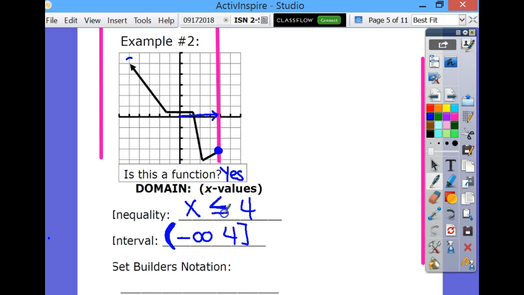And this has a square bracket over here at 4, and so this is less than or equal to. And in set builder notation, this is x, such that x is less than or equal to 4. This is the same as this with these brackets around the set builder notation.